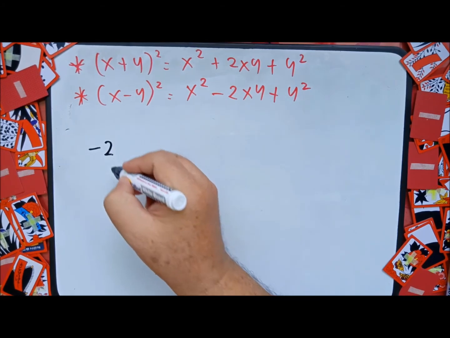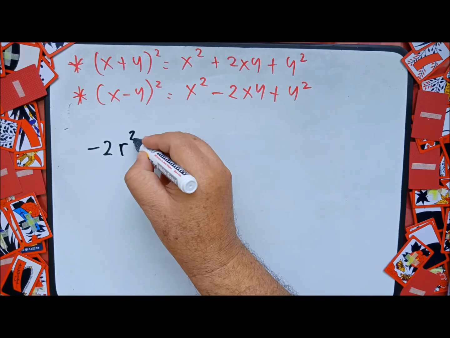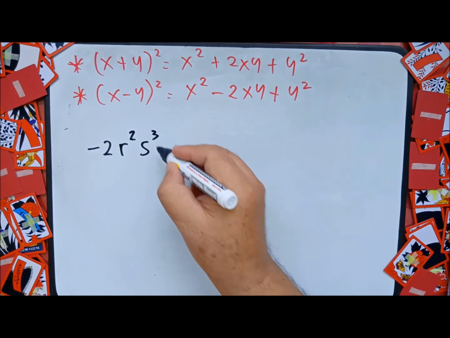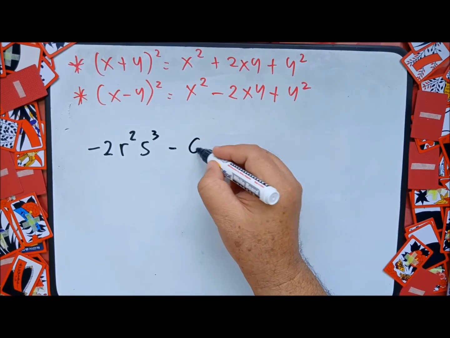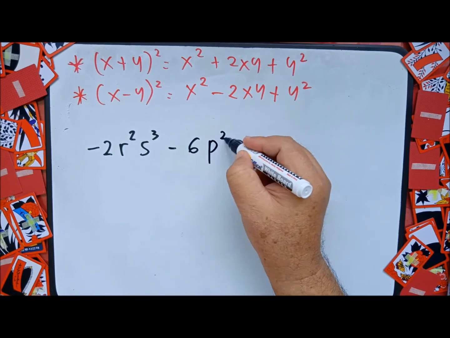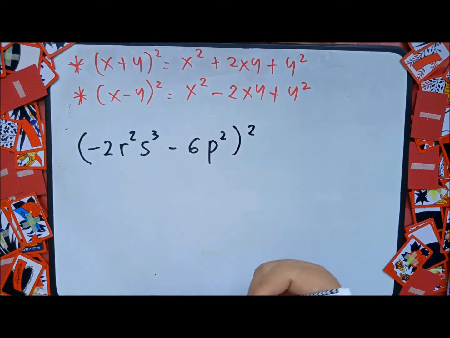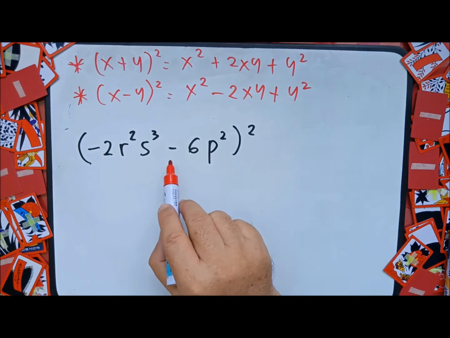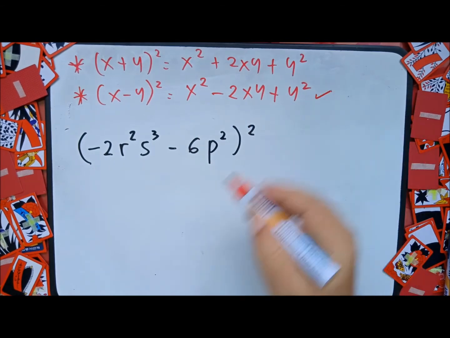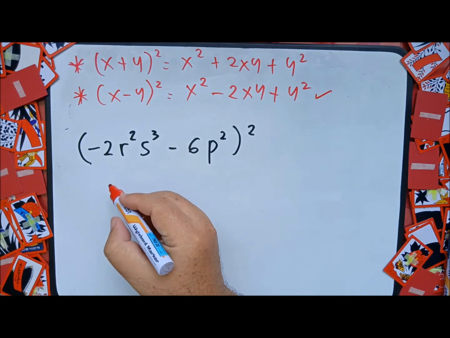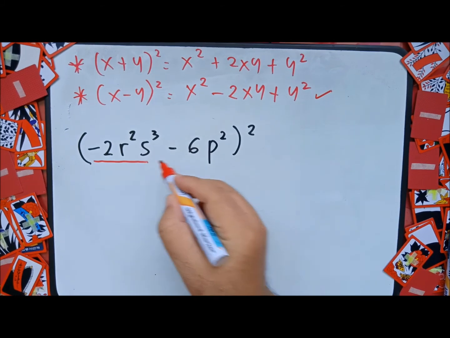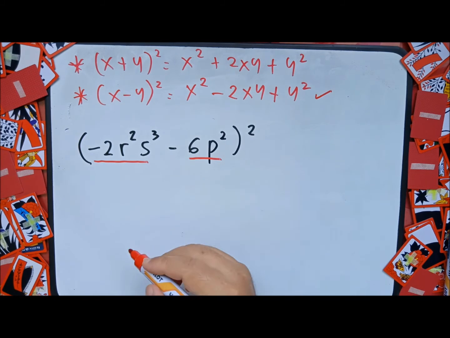Negative 2 r squared s cubed minus 6 p squared, squared. Okay, what will you do with this? What is your pattern? Negative, so you have to use this. What is your x? This is your x. This is your y.